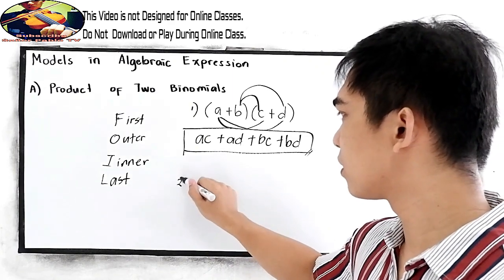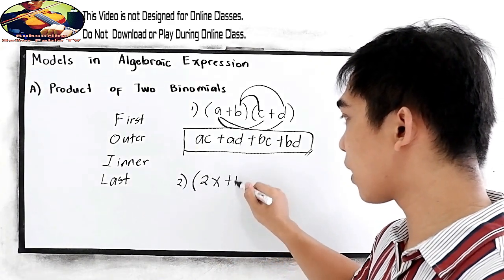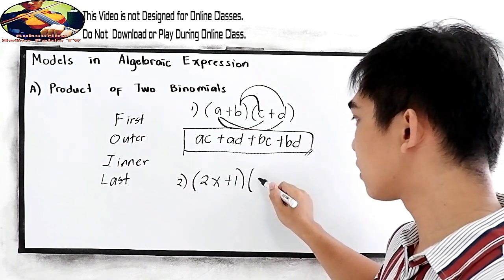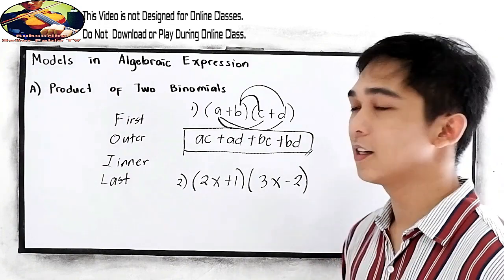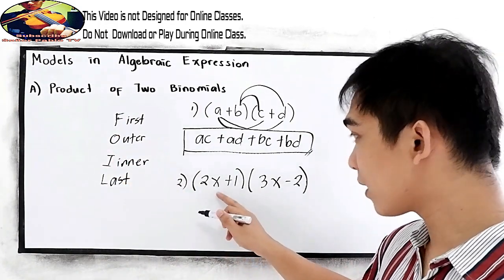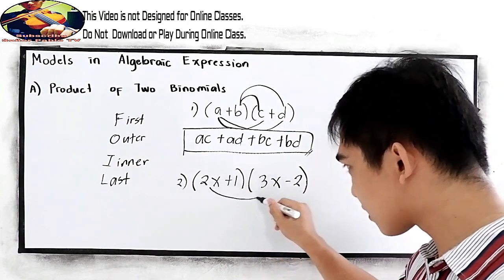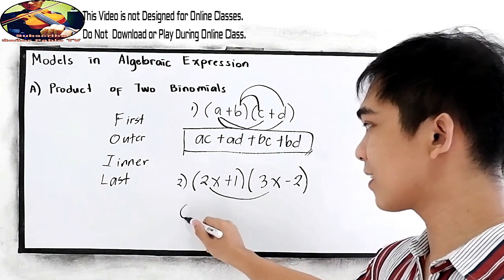Next example is 2x plus 1 times 3x minus 2. Now let us use the FOIL method. So 2x times 3x, 2 times 3, that is 6.